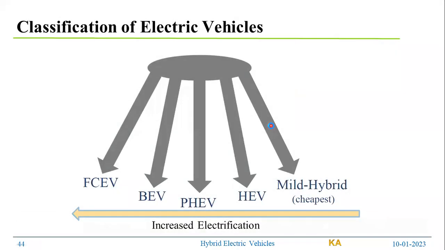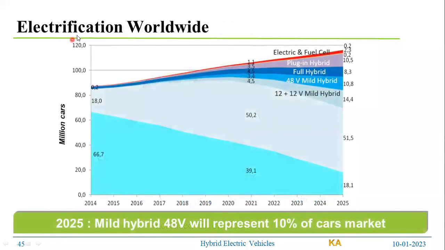If you observe here, the worldwide electrification, where and how it is segmented from 2014 to 2025. You can see fuel cell plus electric vehicle, plug-in hybrid electric vehicle, electric fuel cell hybrid electric vehicle, 48 volt mild architecture, and 12 volt mild, which is nothing but micro hybrid.